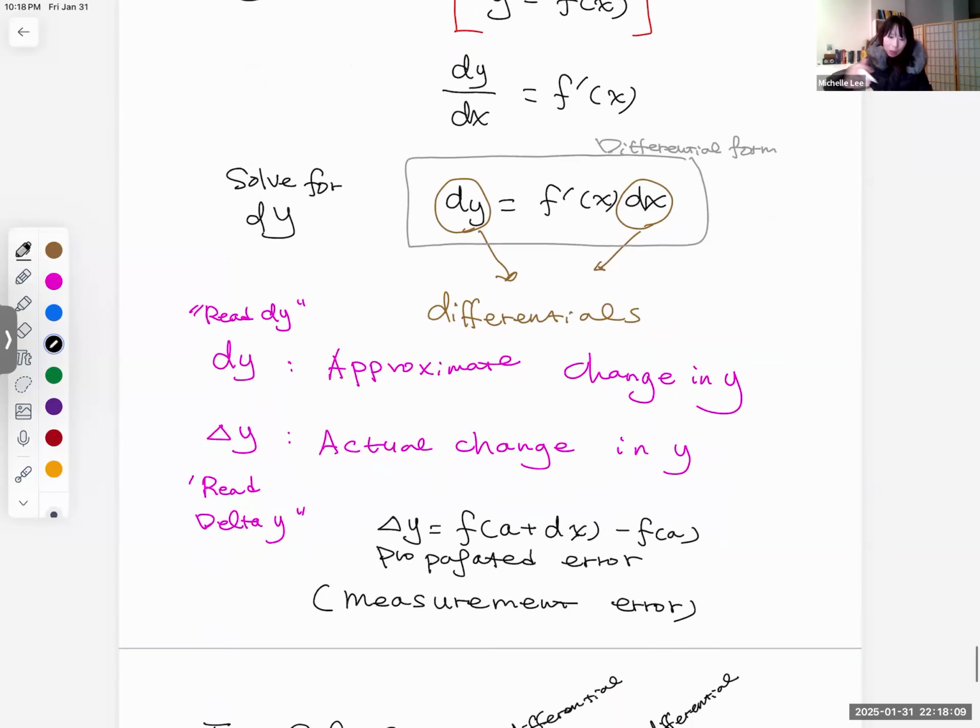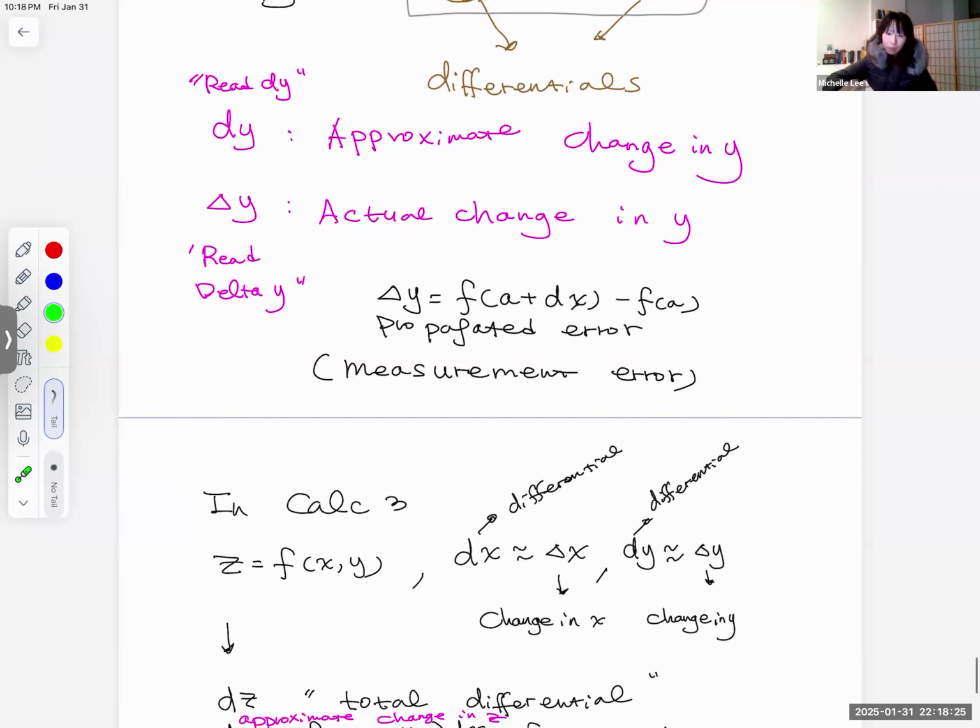Okay, so dy is the approximate change in y, and delta y is the actual change in y. So delta y equals f of a plus dx minus f of a.